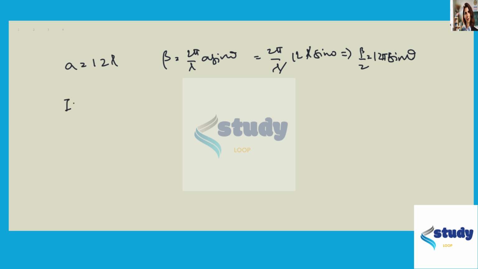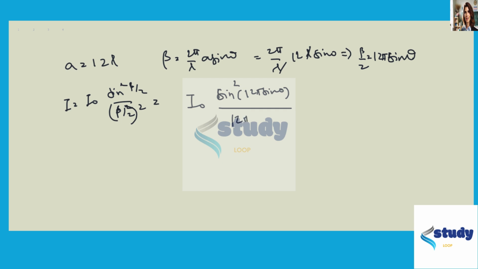We know that I is equal to I naught sine square beta by 2 by beta by 2 squared. So by substituting for beta by 2, we can see that this is I naught times sine of 12 pi sine theta squared by 12 pi sine theta squared.